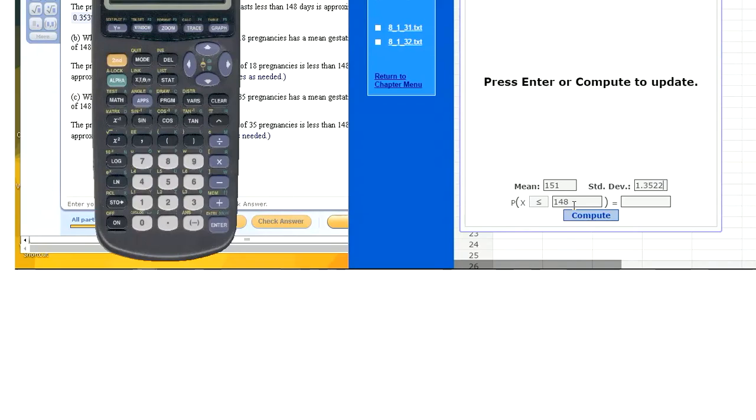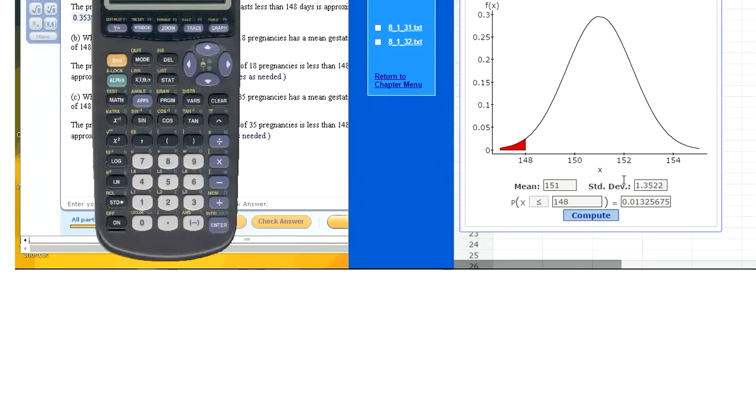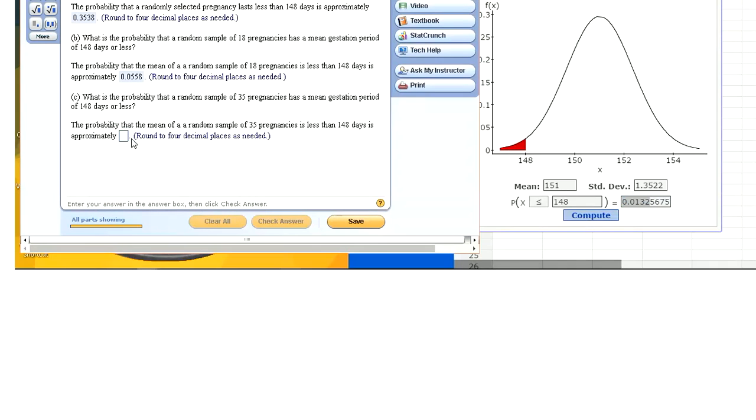Okay, and we're still looking at the probability of being less than 148. Now the probability is even less. Okay, so I'm going to copy those over, but I have to round that up to 3.3 because it's just a little bit over half. Okay, great.